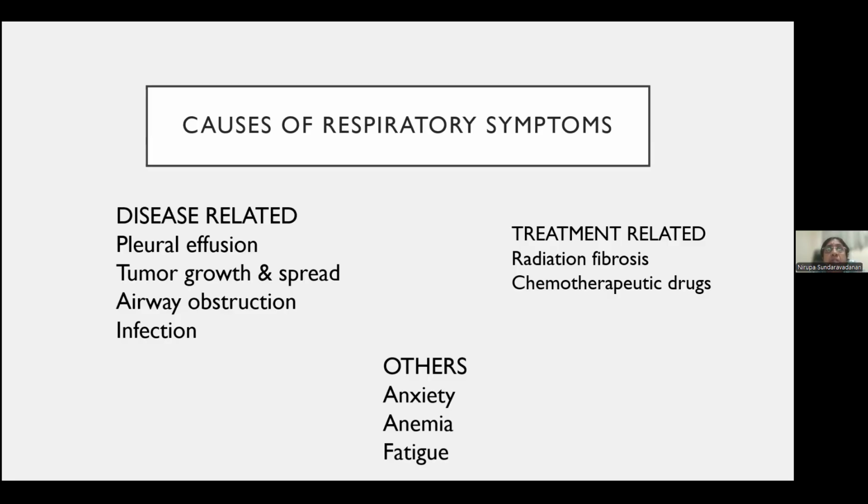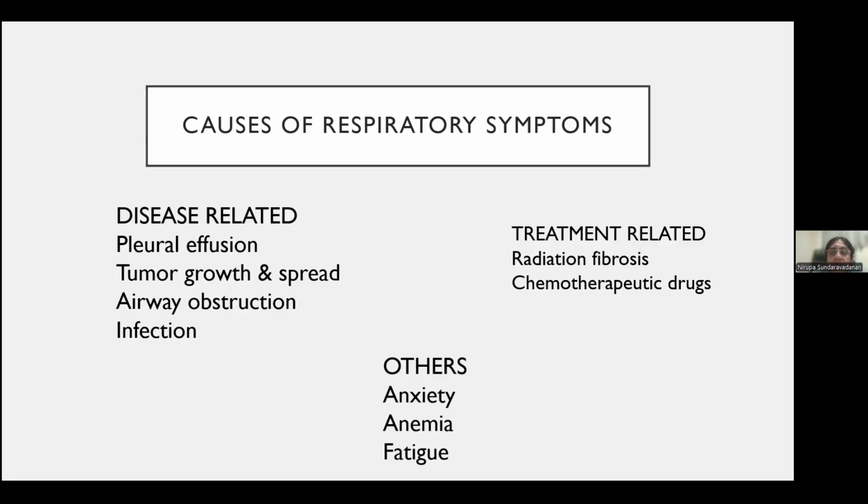They could have an associated pleural effusion. In many tumors, as you know, there's fluid sitting in the pleural cavity, and that doesn't allow for lung expansion. Or they could have an infection. Infection can spread rapidly in the terminally ill, and you'll often see one whole lung quickly becoming one opaque zone. Treatment related, a lot of chemotherapeutic agents have pulmonary toxicity, lung toxicity, and radiation fibrosis also. Radiotherapy can also cause fibrosis in the lung.